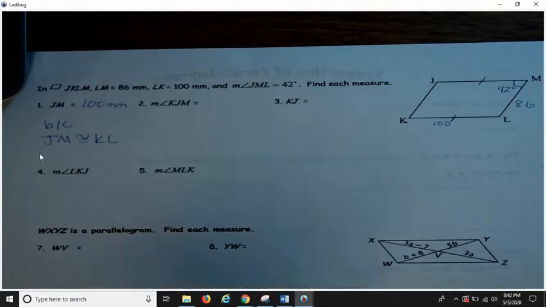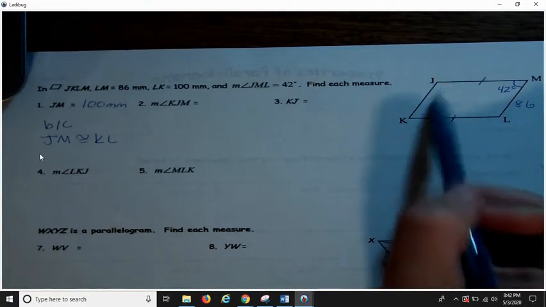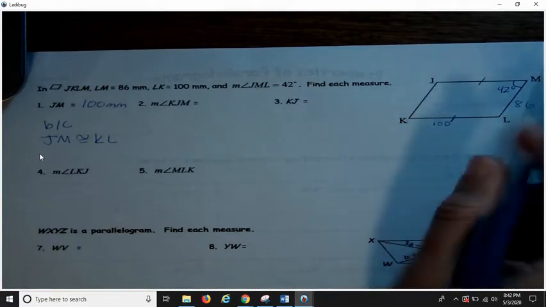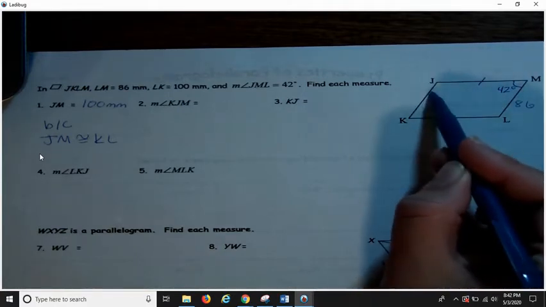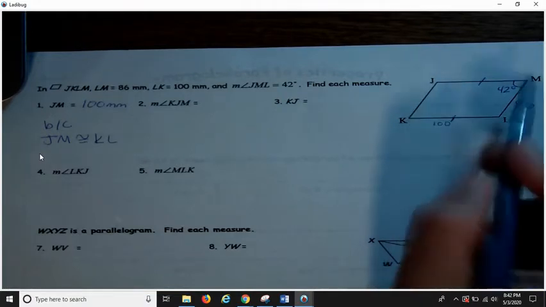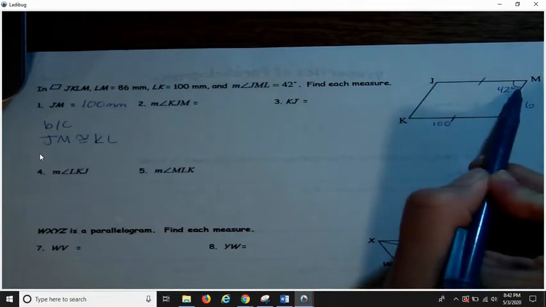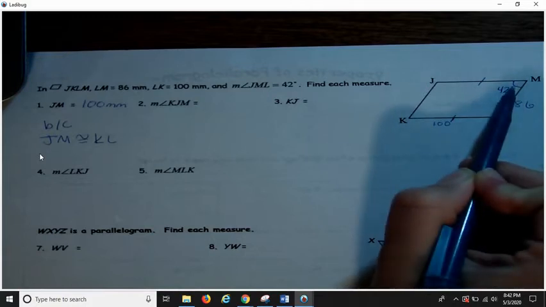Then we have angle KJM. That's this angle right here. Now, it's adjacent to this angle right here, which means that they should be supplementary.